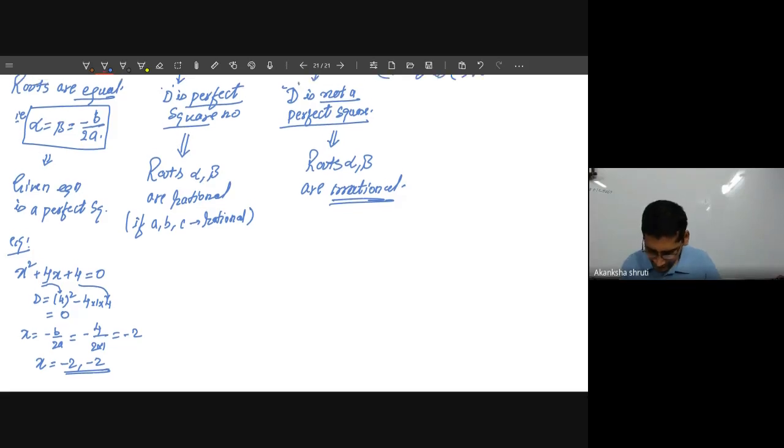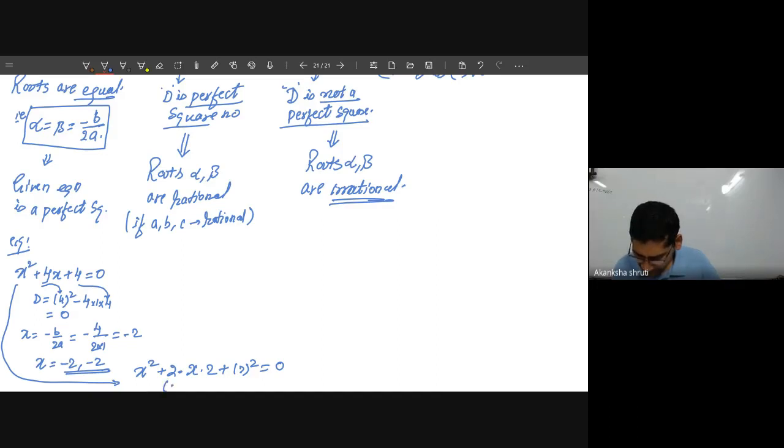Student, but by the factorization method, what we were doing, if you see how it looked by the factorization method: this can be written as x square plus 2 into x into 2 plus 2 square is equal to 0. See, this is a plus b whole square.